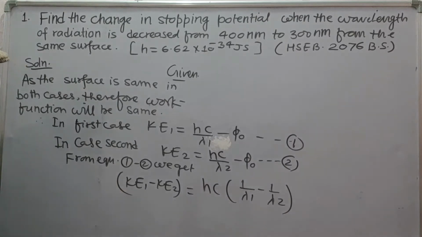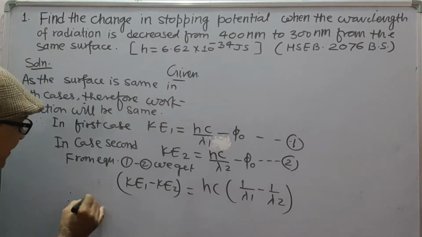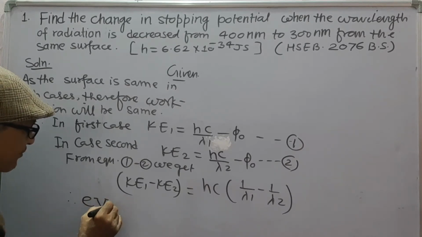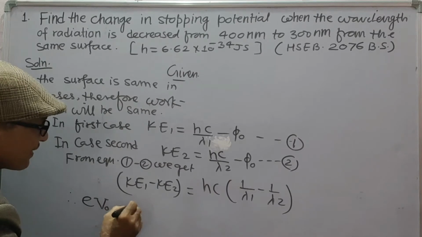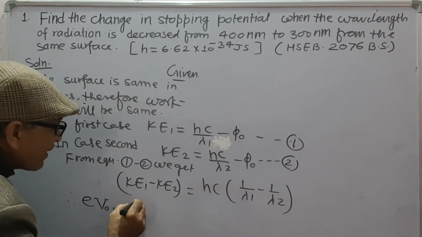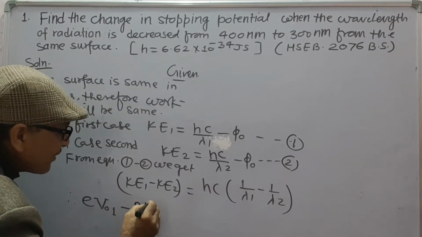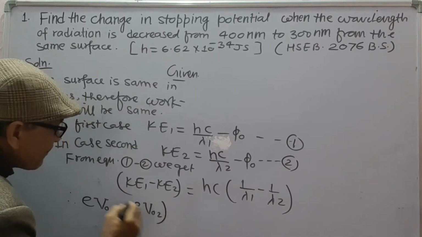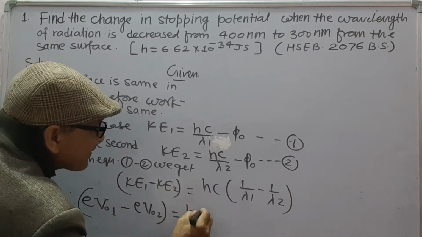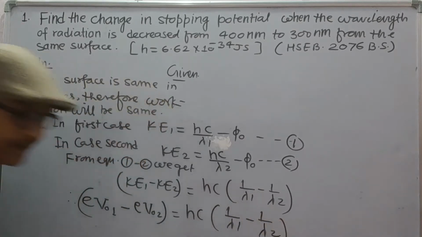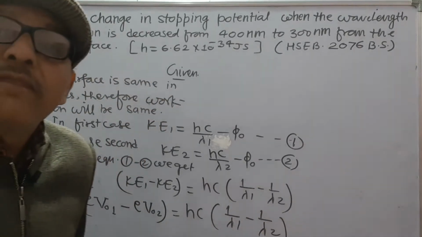And we know that K is equal to e into V naught, so we can write e into V naught 1 minus e into V naught 2 is equal to h c into 1 upon lambda 1 minus 1 upon lambda 2. e is common.